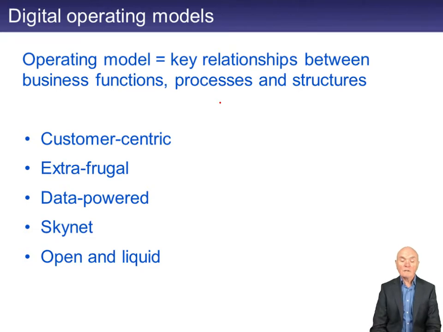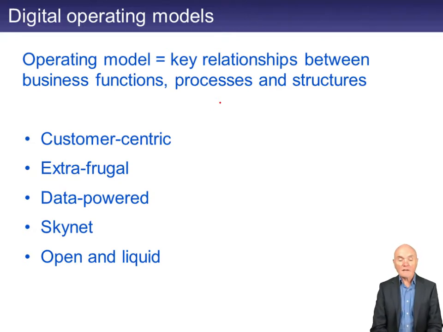Finally, we need to look at what's called a digital operating model. An operating model for a business is the key relationship between business functions, the processes and the structures.